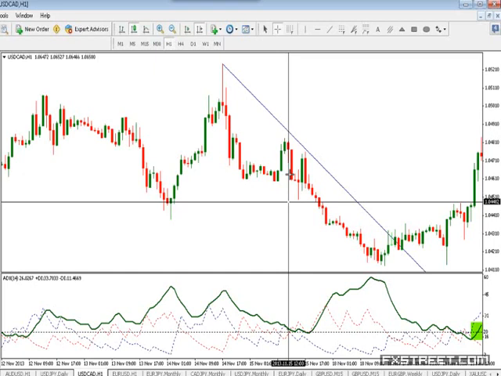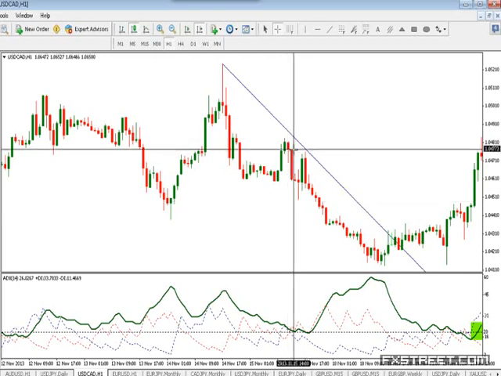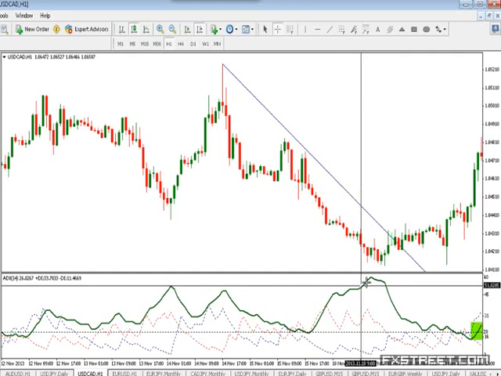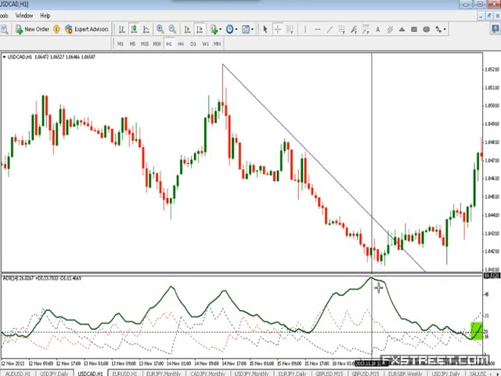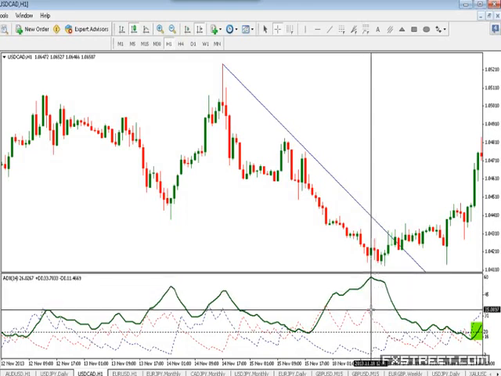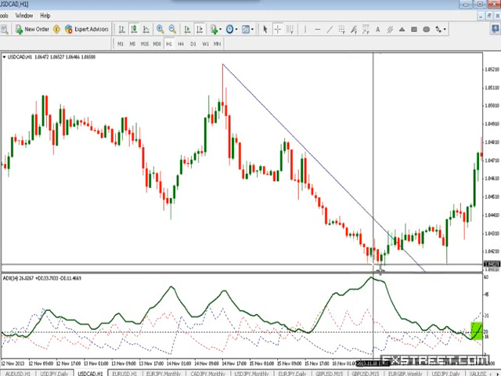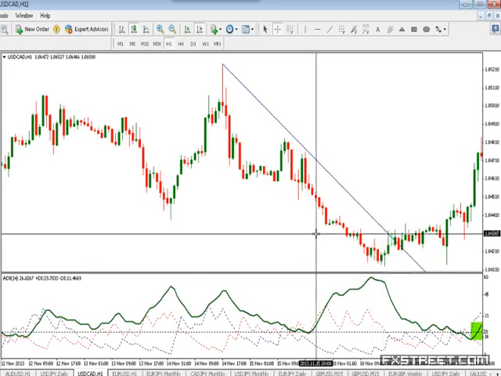Secondly, your ADX has started moving out from here, which means the trend still has some place to go until the ADX moves towards the overbought area. It stretches to the outside. So here you have two things telling you the direction and the expected move.